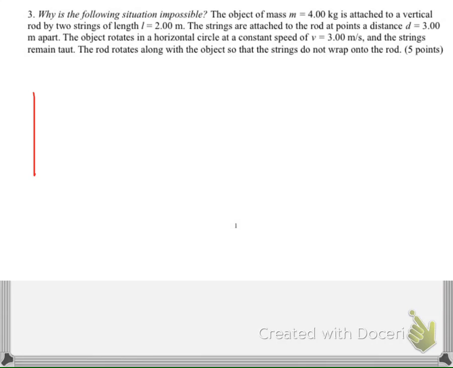You have a rod and you have strings attached to an object, and the top and bottom of the rod is 3 meters apart. The length of each string is 2 meters.